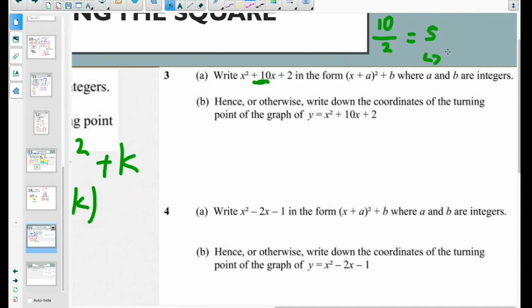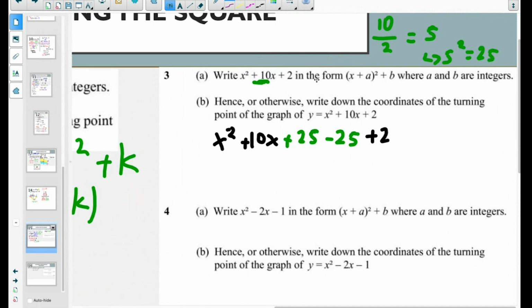And I'm going to take this 5 and square it, which gives me 25. And then I will add it and then I'll subtract it. So I have x squared plus 10x plus 25 minus 25. And then we're going to keep the 2 there.